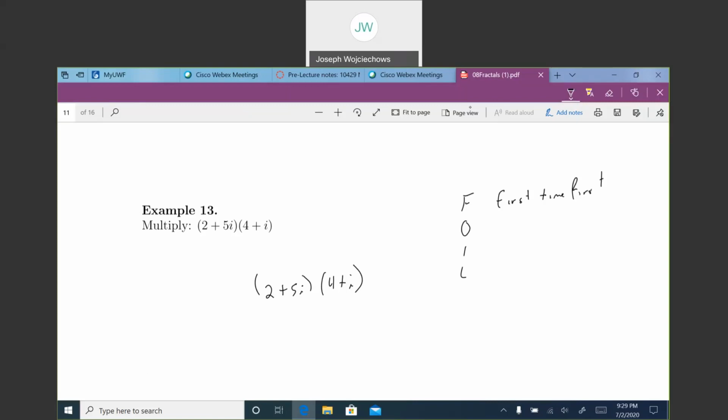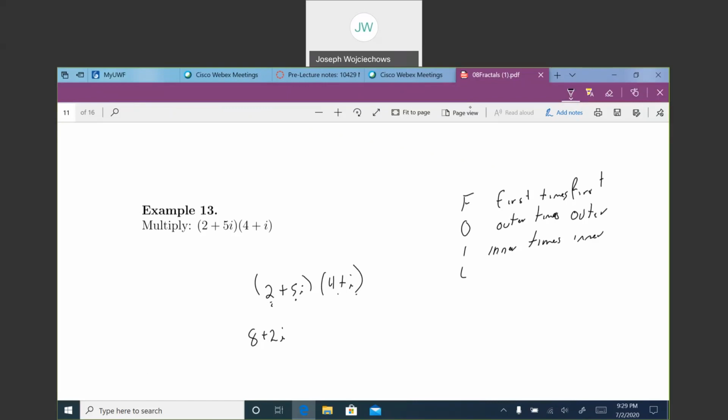So 2 times 4 is 8. Outer times outer. So 2 times i is 2i. Inner times inner.